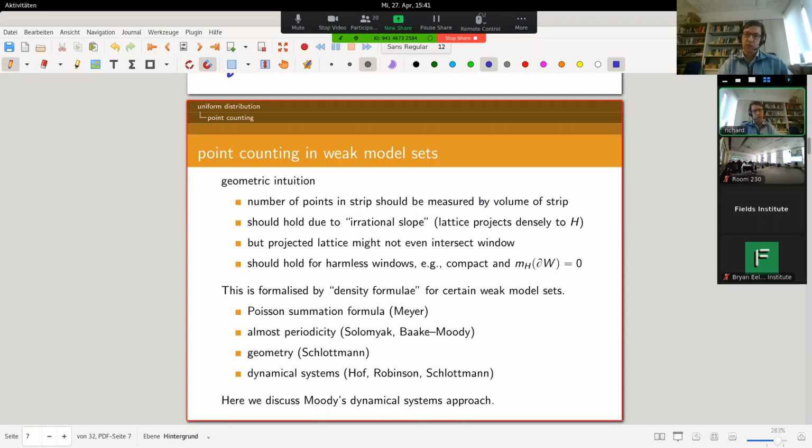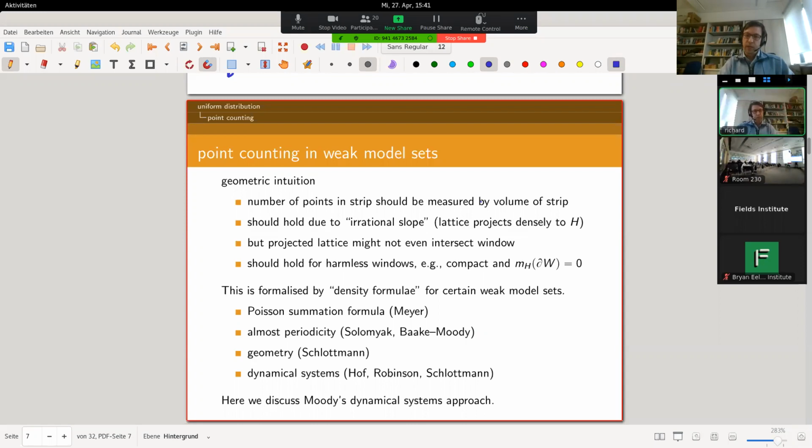G has an irrational slope with respect to the lattice. And the mathematical formulation here is that the lattice projects densely to H. This is the reason here. But now the problem is, of course, that the projected lattice might not even intersect the window, and then you don't get any point configuration. So this intuition will not work, certainly if the window is bad.